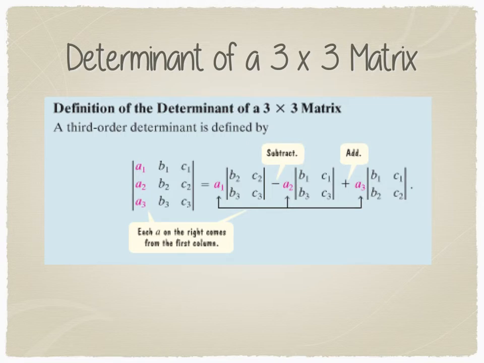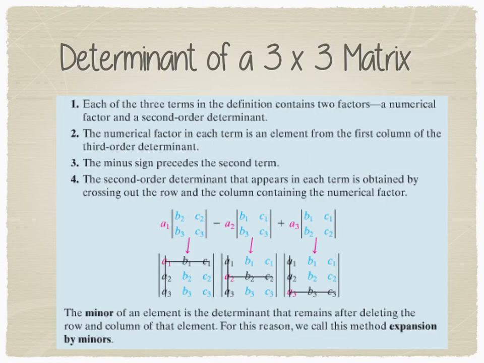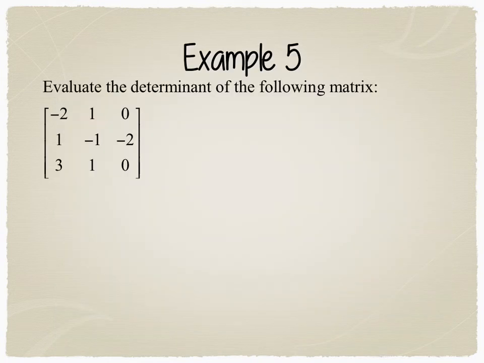I have usually taught both in the past, and nobody ever picks the first one, so why the heck would I teach it to you? If you want to, look it up. You can find the determinant of a 3x3 by using what are called minors and cofactors. So we're not going to do this. We're going to go here and I'm going to teach you a different method.